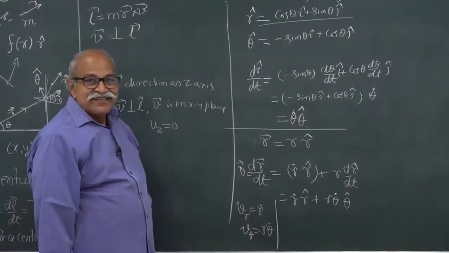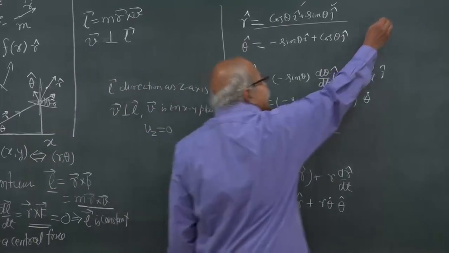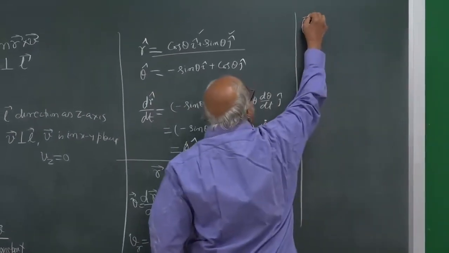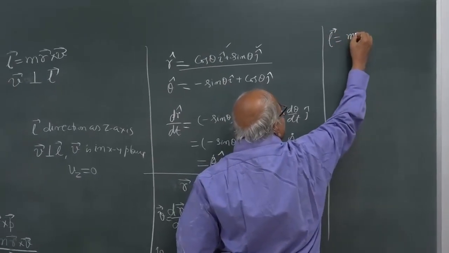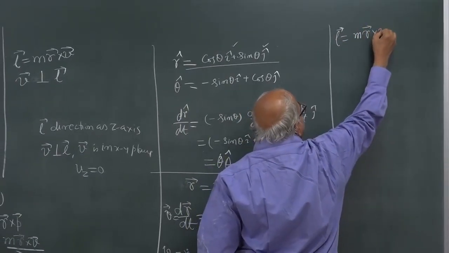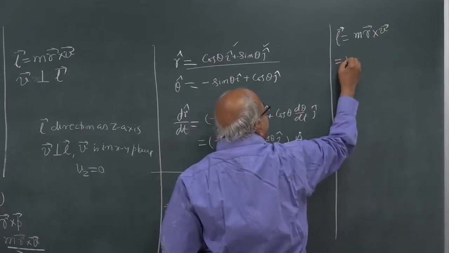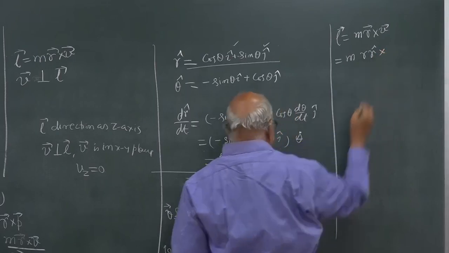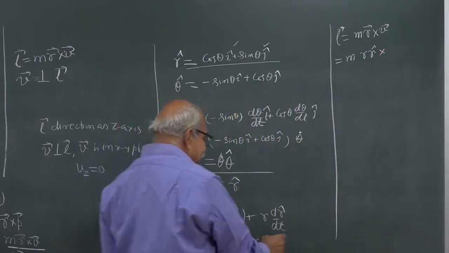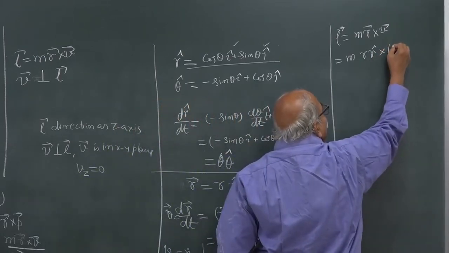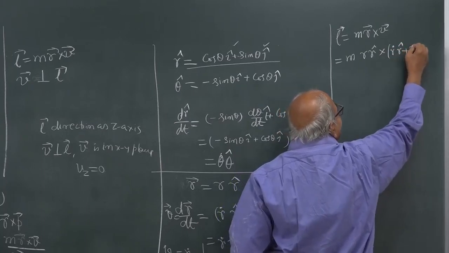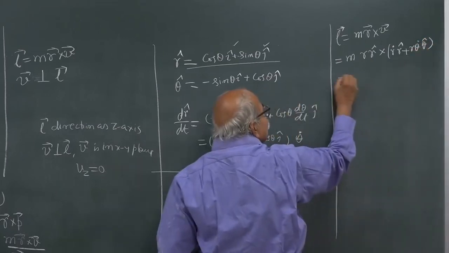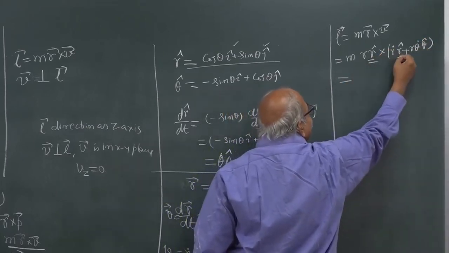You can write an expression for L, which is m times r vector cross v vector. The r vector is r r cap, and the v vector is r dot r cap plus r theta dot theta cap. r cap cross r cap is 0.